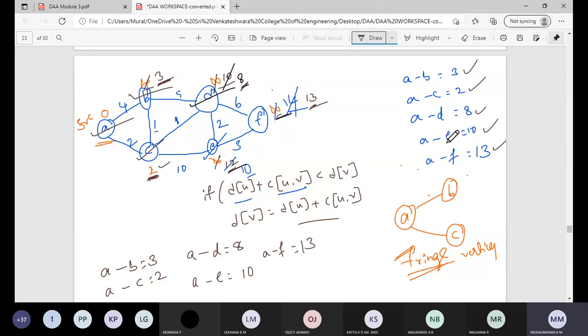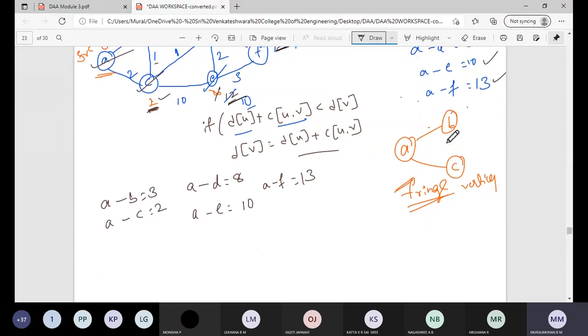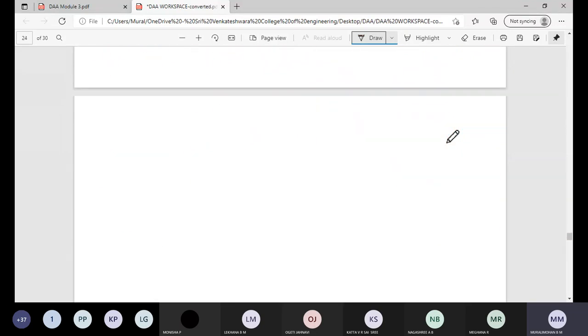Suppose the graph is a directed graph. In yesterday's class, I told you a graph can be either directed or undirected, right? Now we have seen how to solve with respect to the undirected graph. Now suppose we are having a directed graph like this.